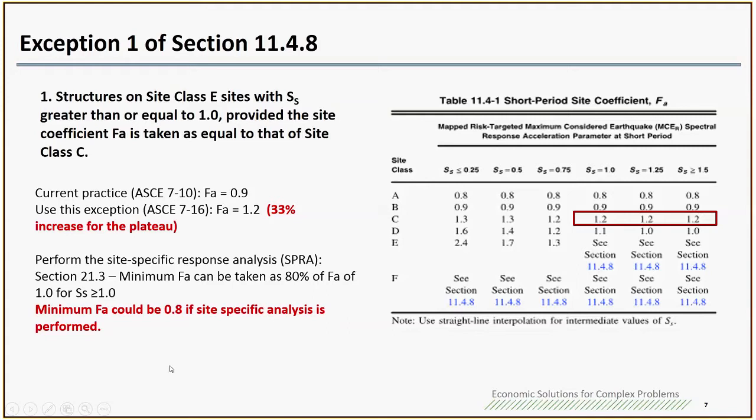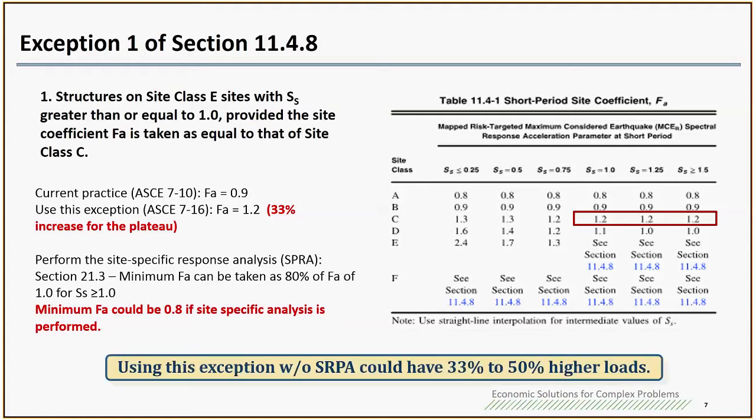In other words, if you do the site-specific response analysis, there is a potential the Fa value could be reduced to 0.8. So you have to compare the pros and cons of using the exception versus doing the site-specific response analysis, because there is a huge difference in the value.